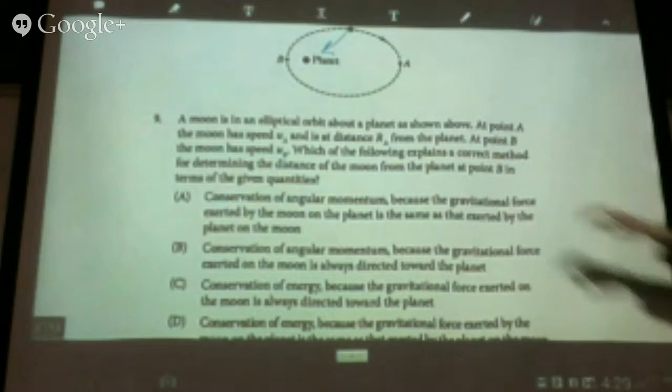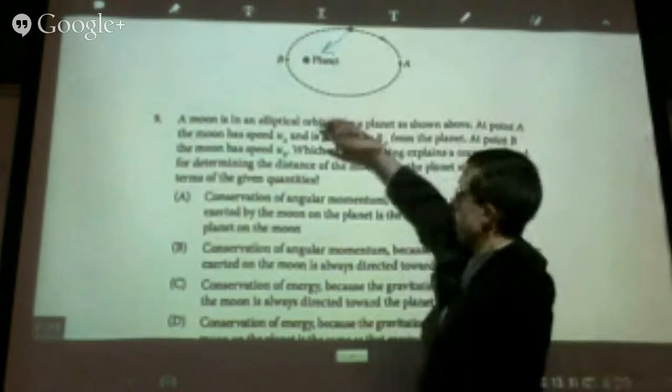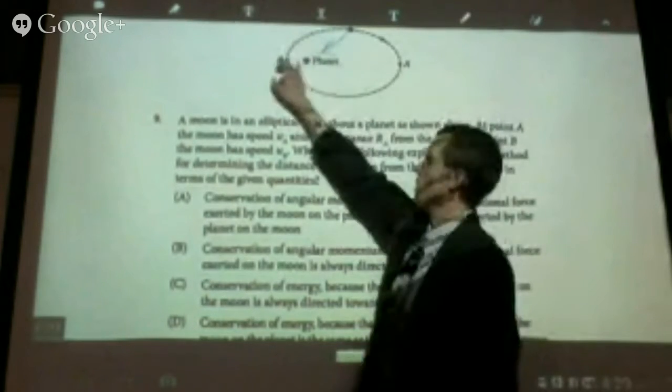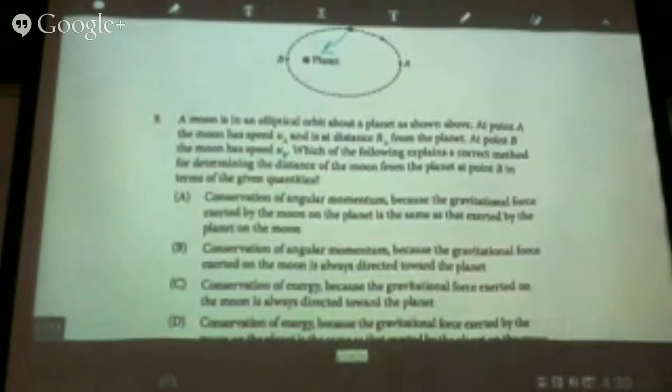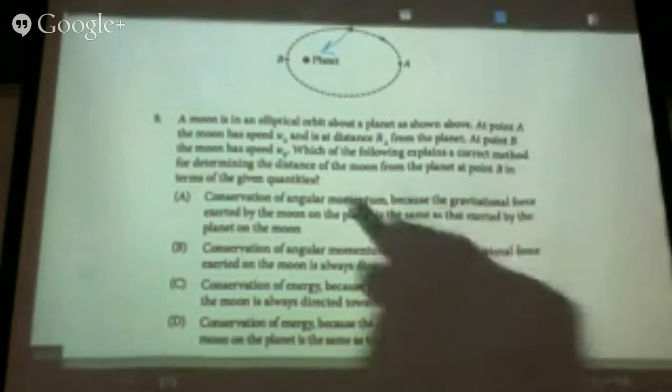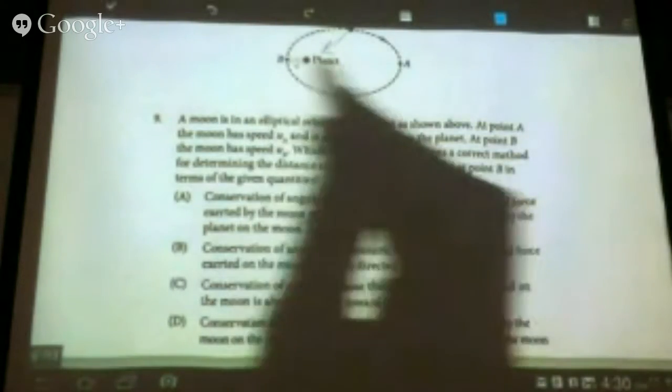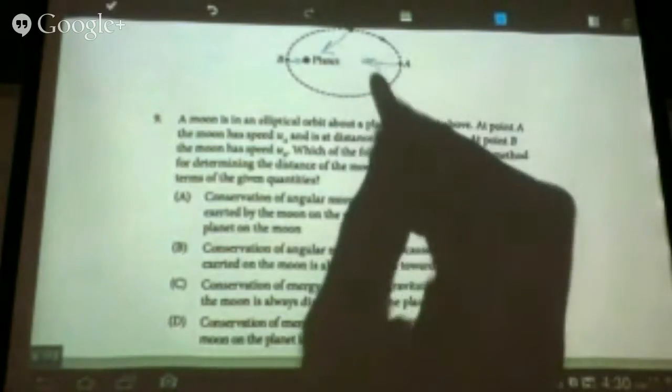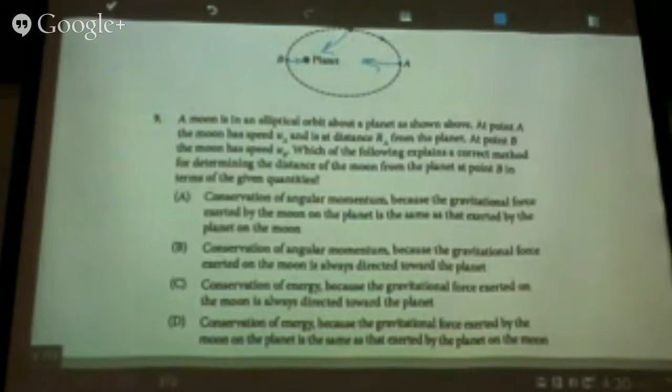So that'd be from the planet to where that moon is, so point A or point B. I don't know why I drew the arrow up top there. It should be at point A or point B. We'll fix it. There. Or there. Okay, so those are our forces in blue.